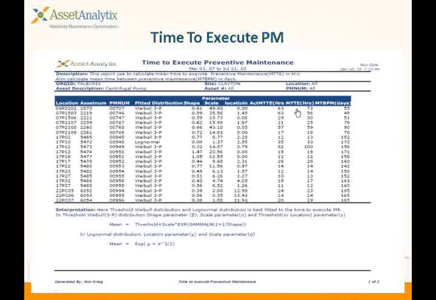As you move forward and mature in the program, you can correlate it with the failures themselves. The KPIs can be associated with the failure rate and the PM completion rate, or PM compliance rate.